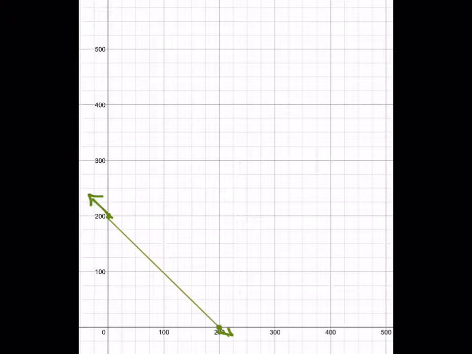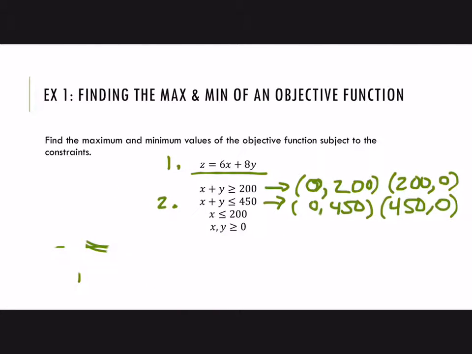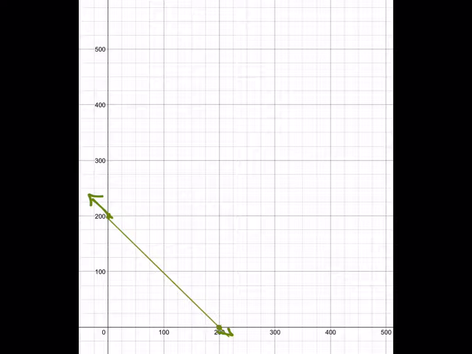And then we need to decide which side to shade. If I plug in 0, 0 as a test point, you end up with 0 is greater than or equal to 200, which is false. So I want to shade the side that does not have 0, 0. I'm just going to draw a little arrow. I don't actually want to shade, since I'm going to have so many different constraints here, but I do want to indicate that that's the side of the line to be shaded.